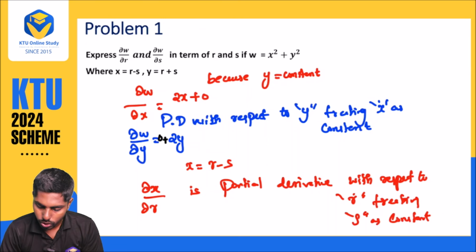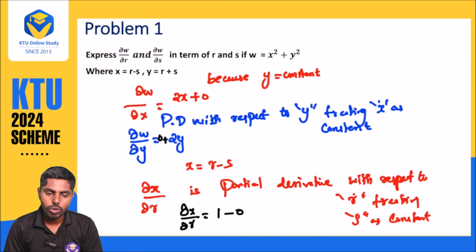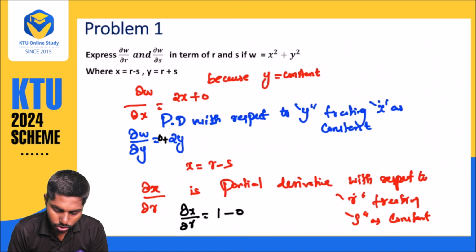So when we differentiate, it becomes 1 minus 0. So ∂x by ∂r is 1.